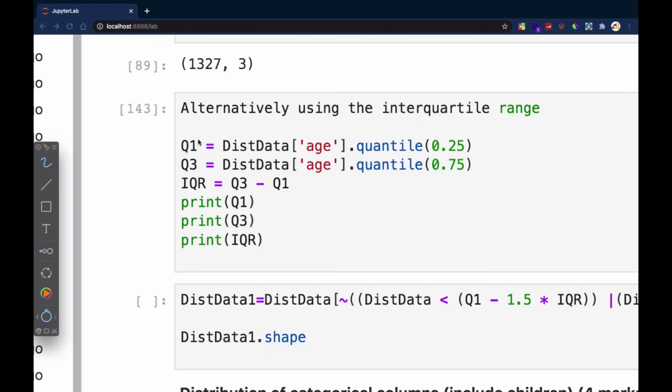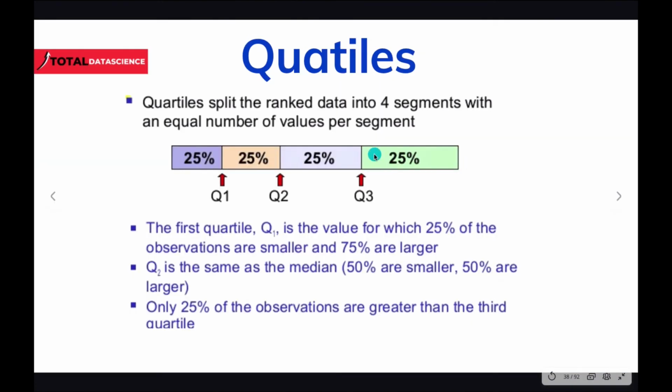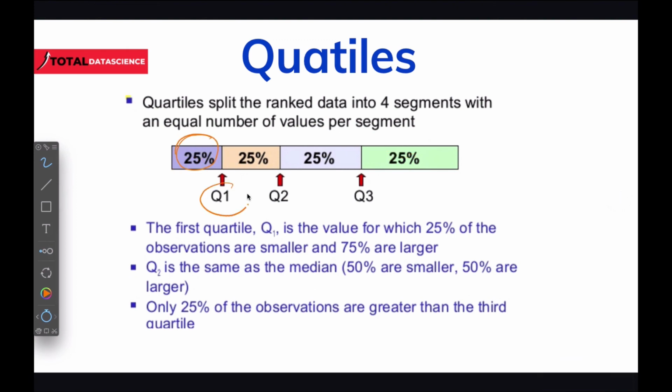You can see over here that I'm calculating the Q1 and then the Q3. I'm using this quartile function, and I'm calculating the Q1, which is 25%, just like earlier on we were seeing. Then over here will be 75%, because if you add all these three, it's going to be 75.